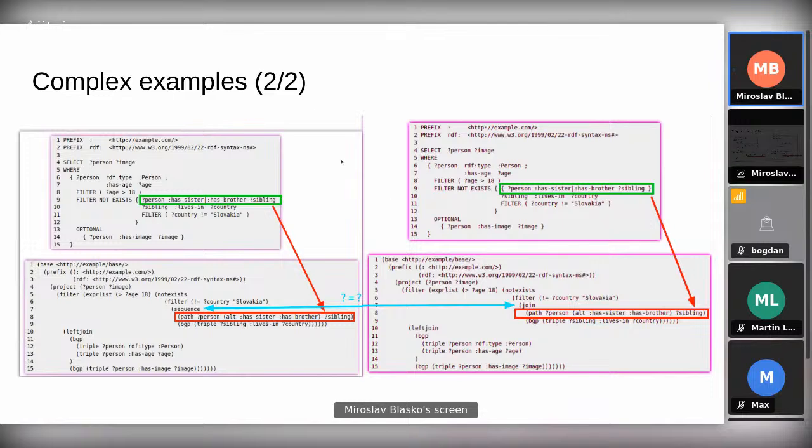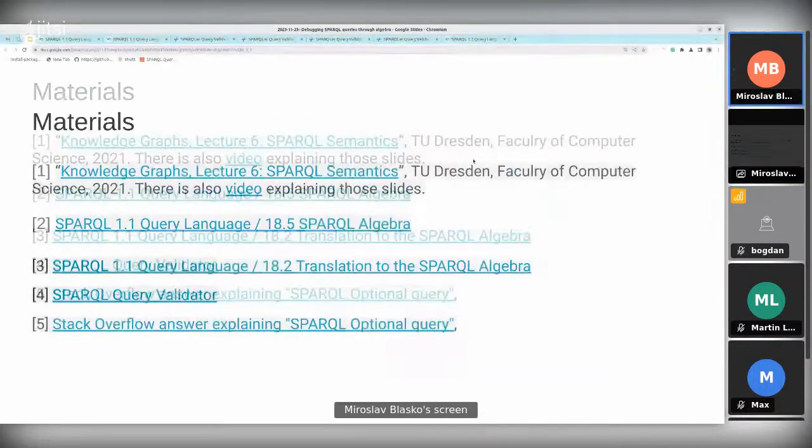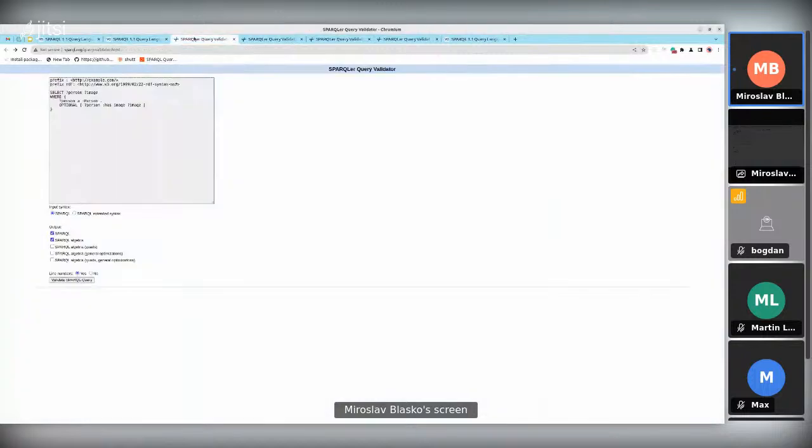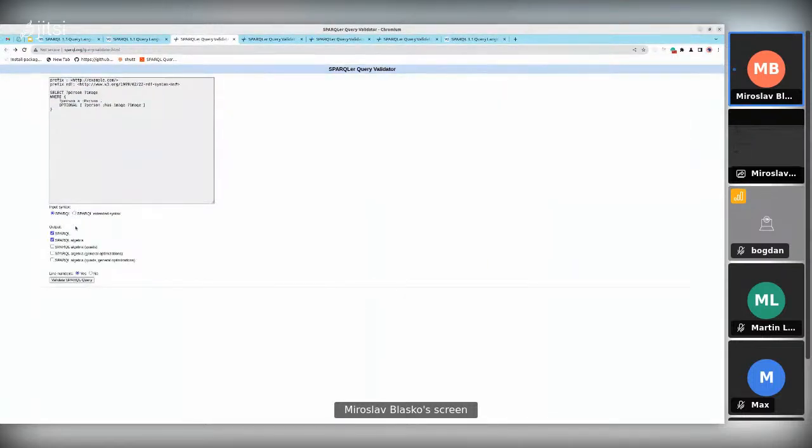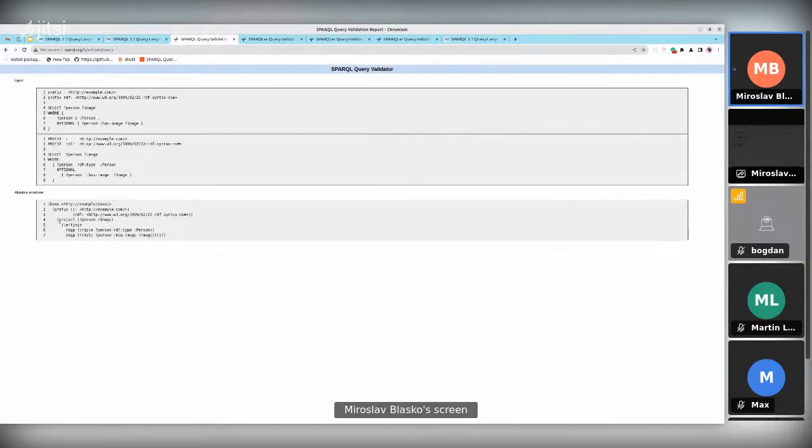So that's it. And I will show you how to play with this translation. You have a web page, SPARQL.org, query validator, and here you just put your query and you click on include SPARQL Algebra, and it shows you this algebra as I showed on the picture.